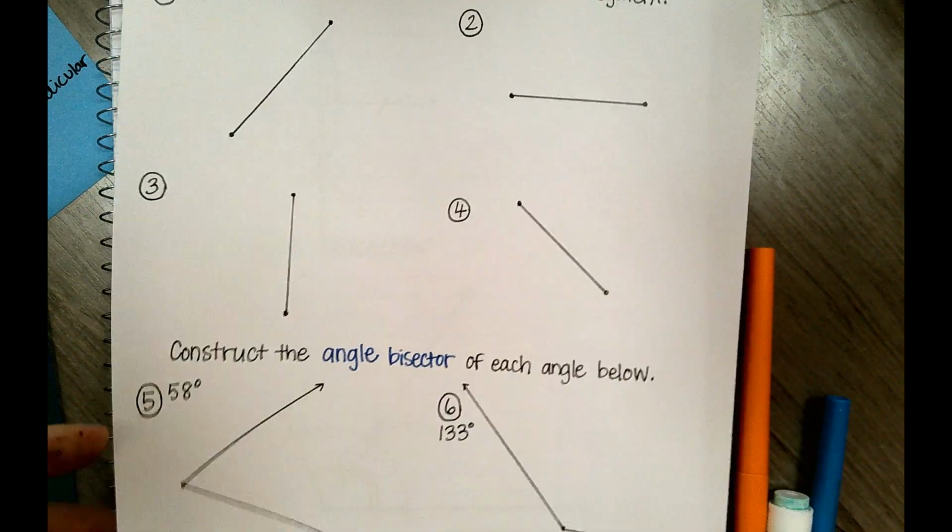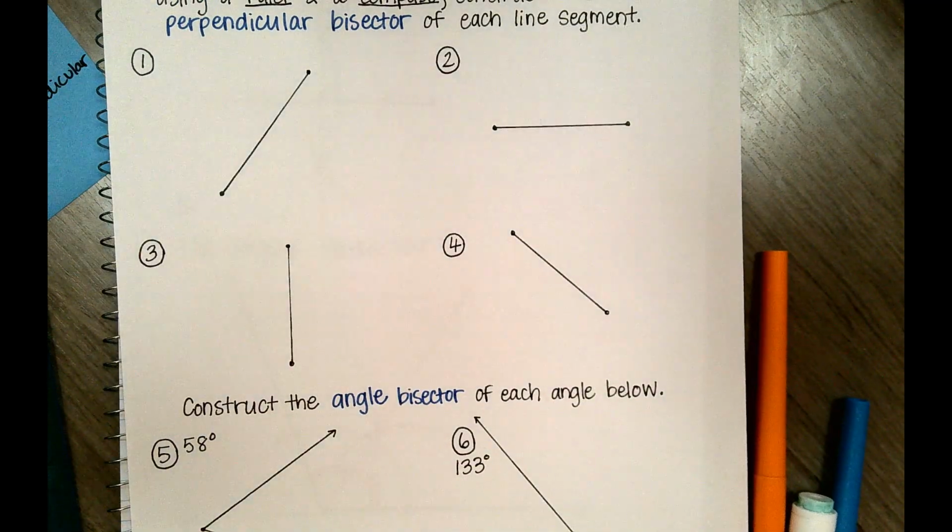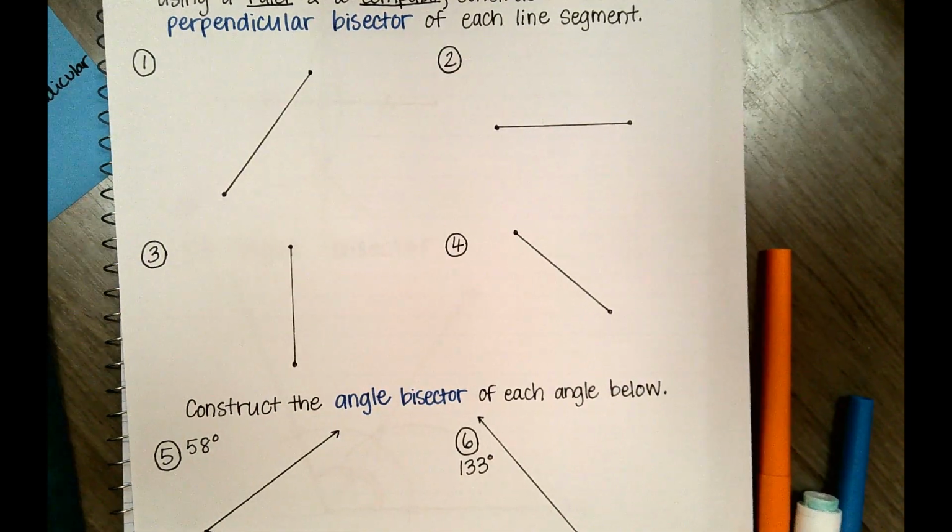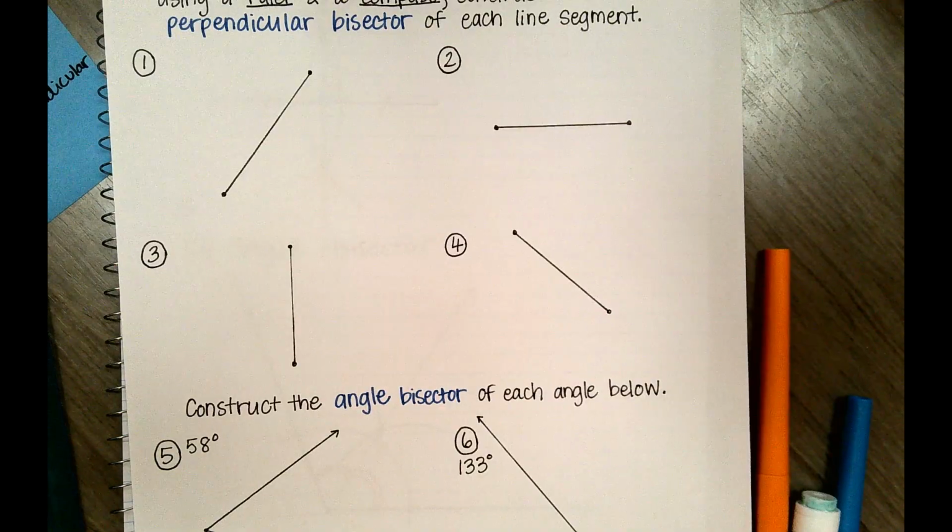Okay. And then I put another worksheet out that I didn't keep a copy for myself. I should have. It's got a bunch of coordinates, and some of those coordinates you're going to use to find midpoint. Some you will use to find distance. Here it is.